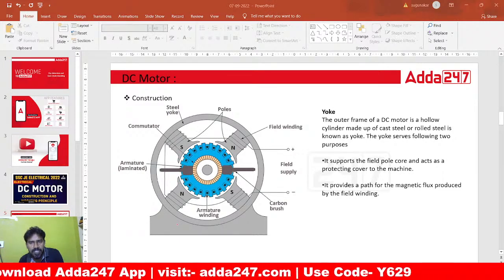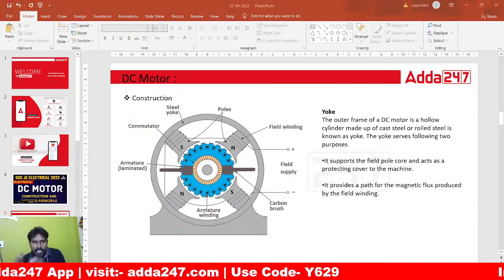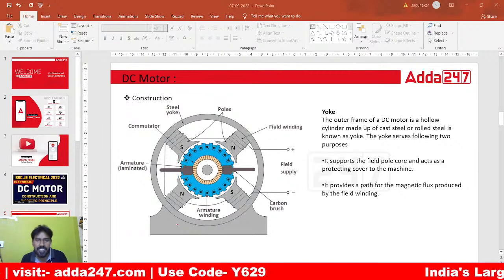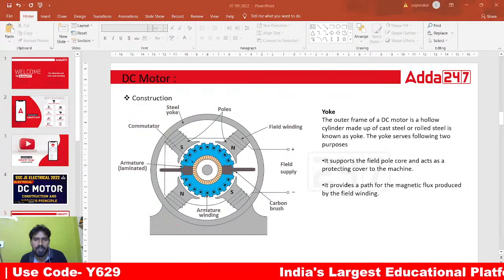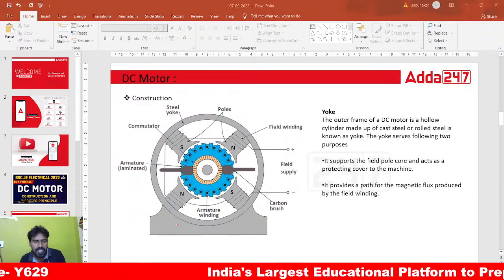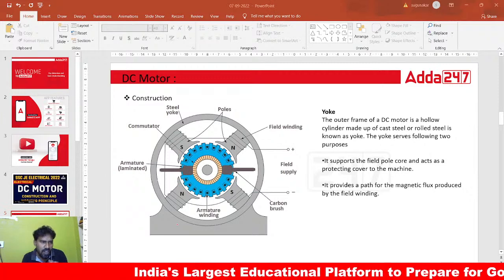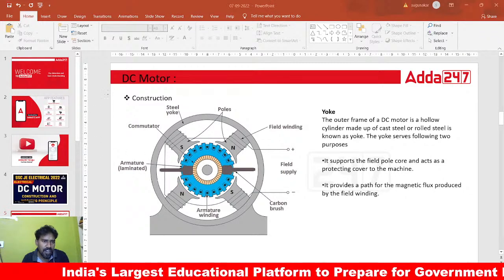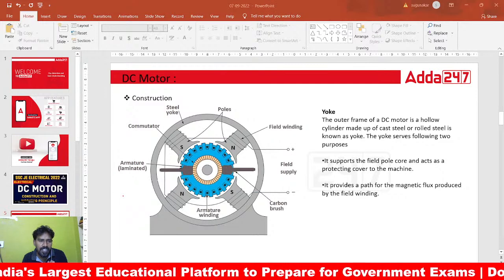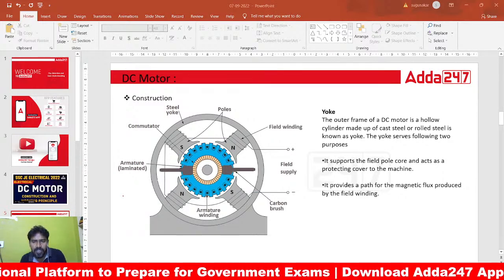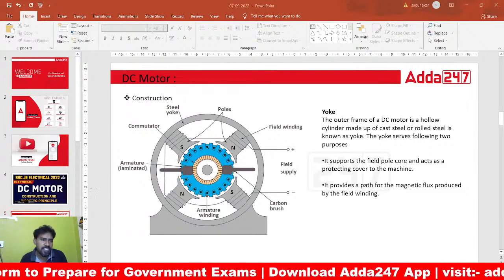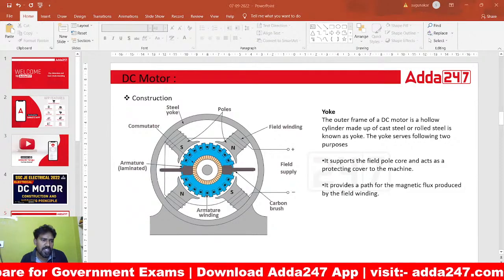So by providing the supply to the field winding, the EMF is induced in the armature winding. When EMF is induced in the armature, since the armature conductor is a closed one, current is developed. Due to that current, flux is again produced in the armature, that is the armature flux.